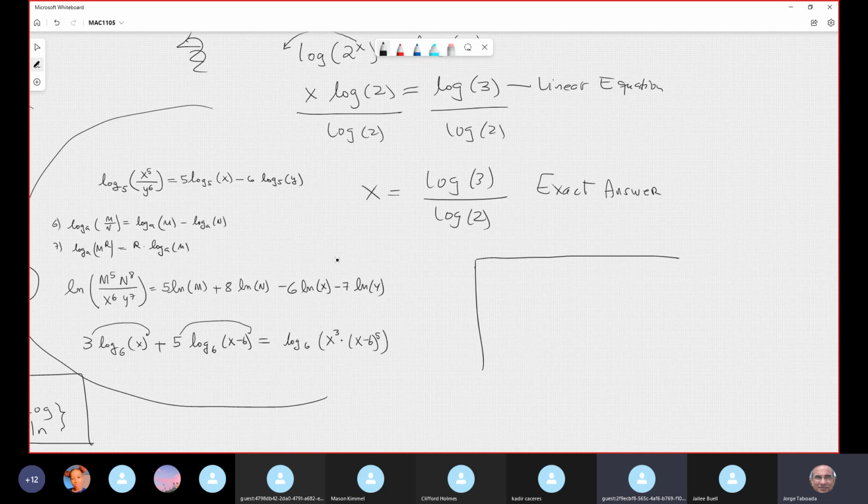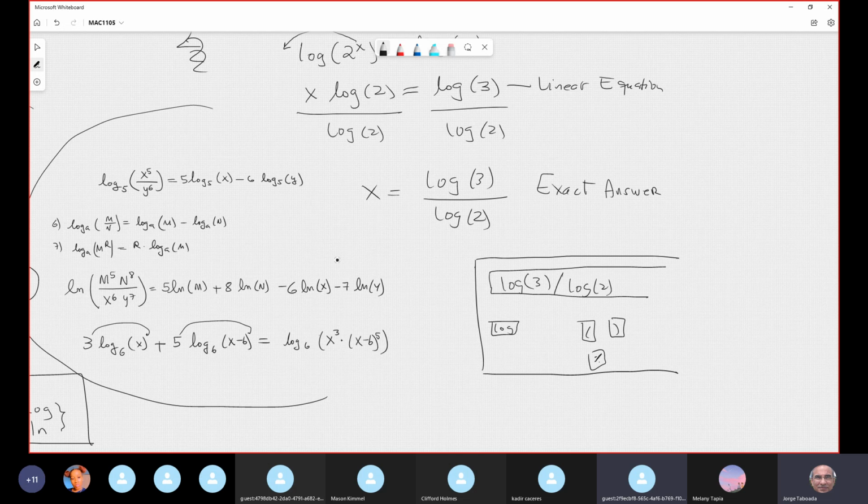In your calculator, remember the key log: you type log, parenthesis, 3, close the parenthesis, divided by log of 2, and you press enter.